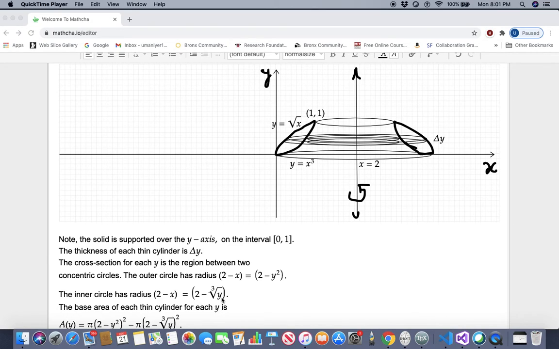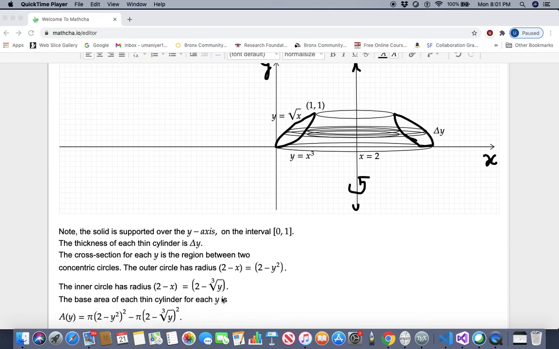That's the inner radius. So what is the area of the region between two circles? Outer circle minus inner circle. The outer circle has area pi times (2 minus y squared) squared, because that was the radius squared, minus the inner circle, which has pi times its radius squared, and its radius is 2 minus cube root y.